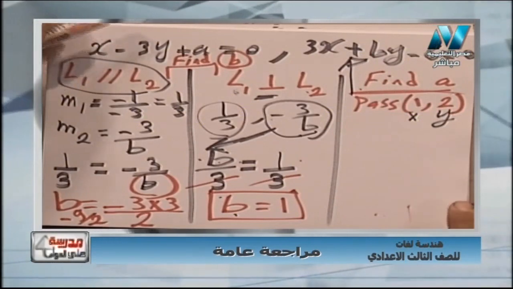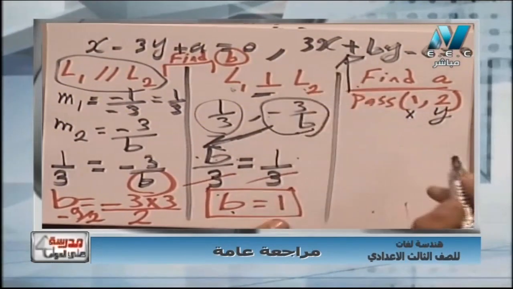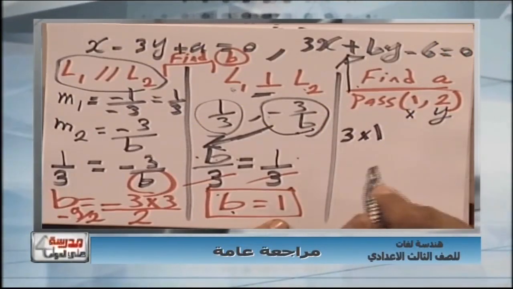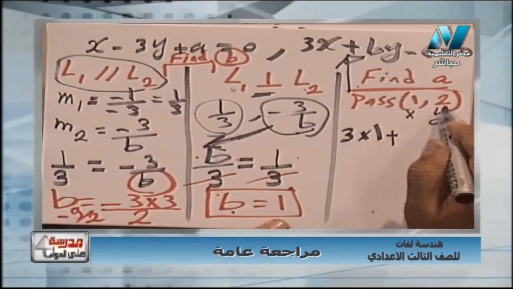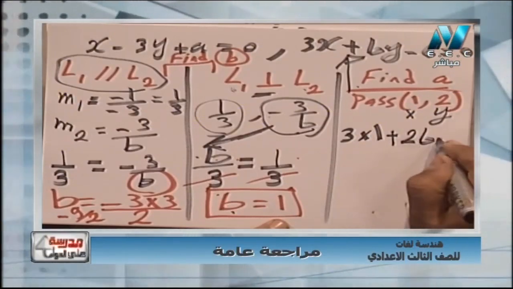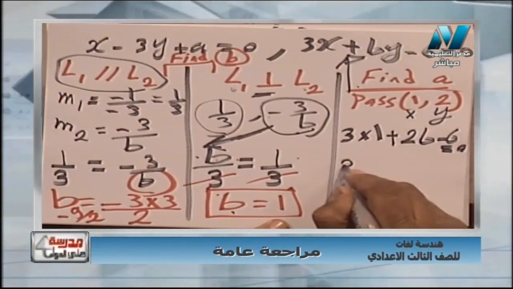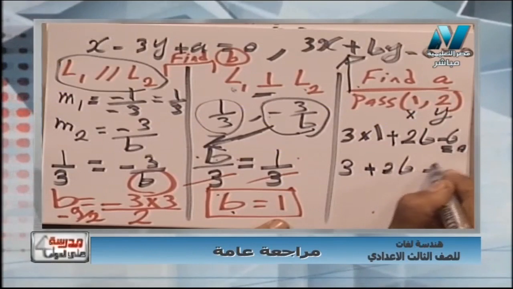We replace x by 1 and y by 2: 3 times 1 plus b times 2 minus 6 equals 0. 3 plus 2b minus 6 equals 0.